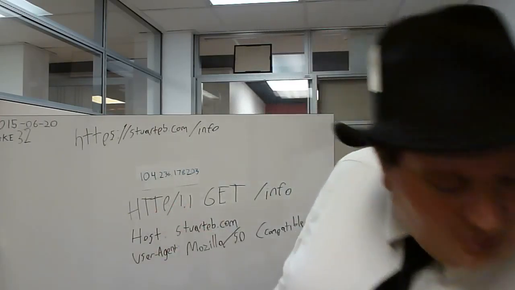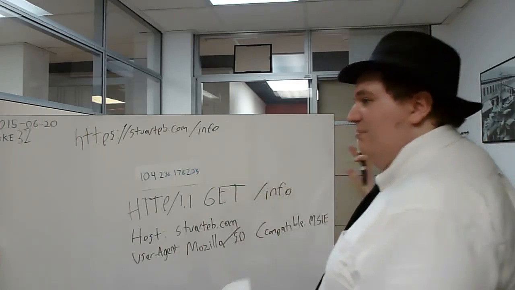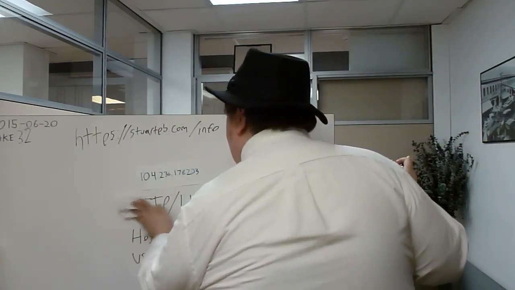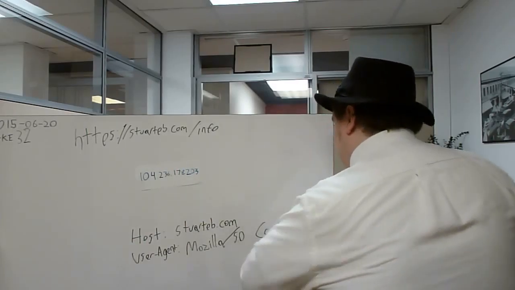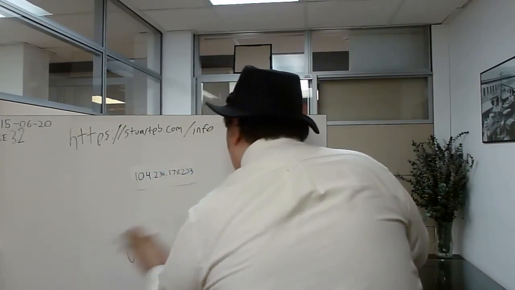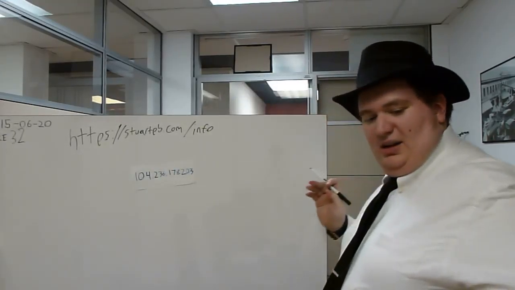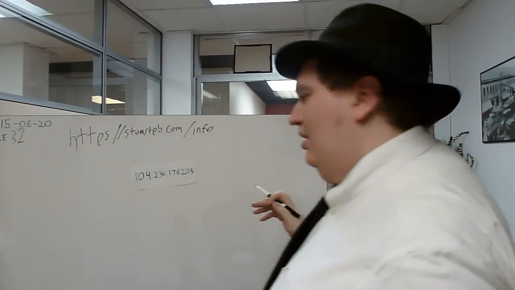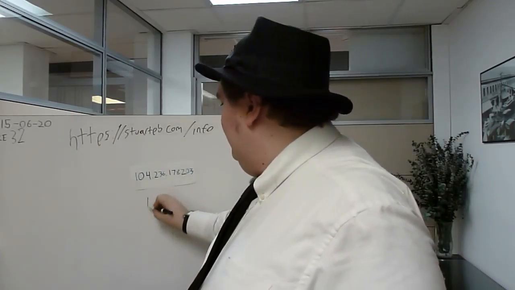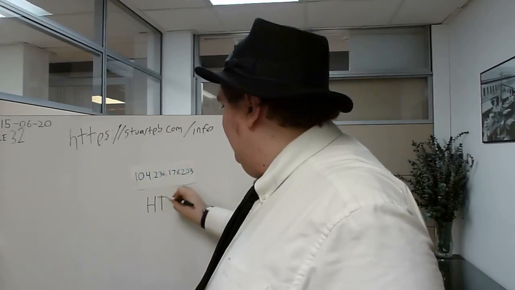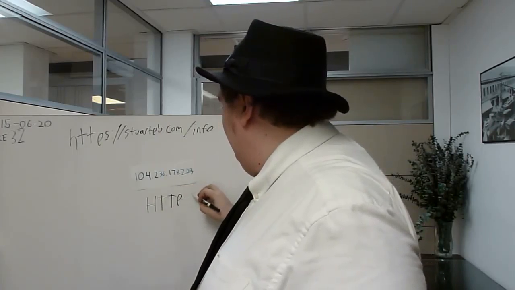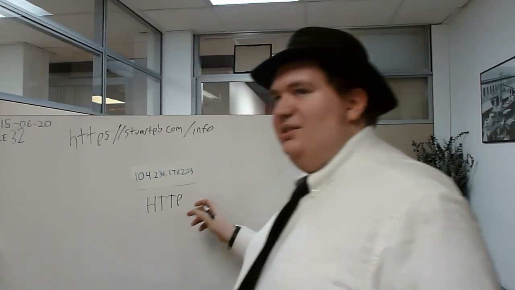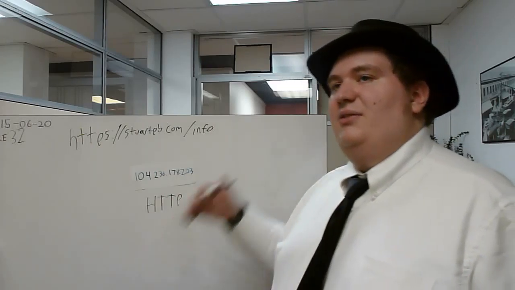Then the server will reply back, because like I said, every IP packet has the IP to respond with. I think it'll also say HTTP. I don't think it says what version because you already said the version when you made the request.